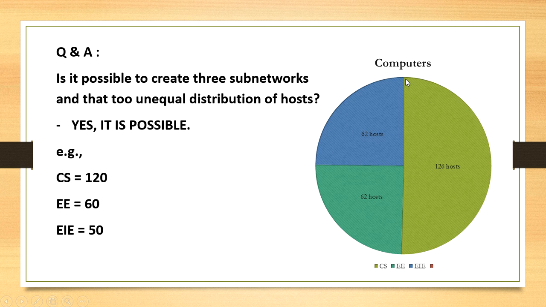And for this subnetwork, the first one will have a network ID, 126 host IDs, and one broadcast ID. So 128 gone, and the remaining 128 we can split into two equal subnetworks, 62, 62, by borrowing the second host bit. So here we can easily achieve this unequal number of hosts and 3 subnetworks.